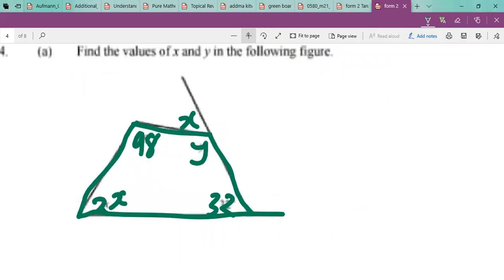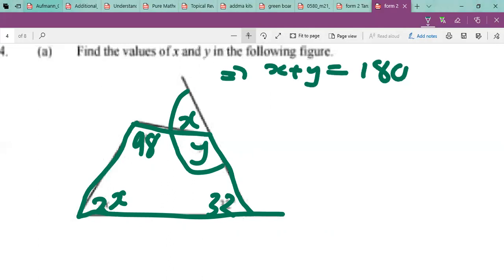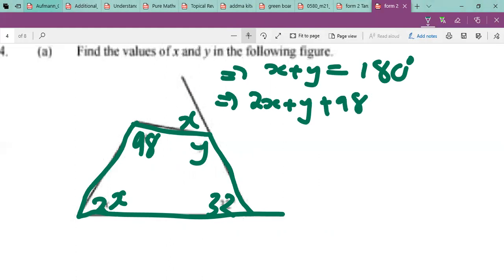So what we can do is, since this is a straight angle, we know that x plus y should give us 180 degrees. Now, the angles in a quadrilateral, the sum of their interior angles is 360, meaning that when you say 2x plus y plus 98 degrees plus 32 degrees, the answer must be 360 degrees.